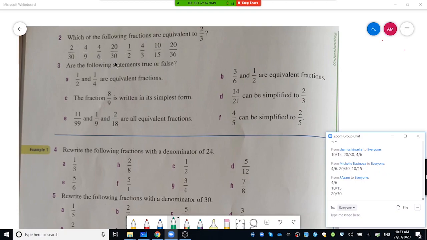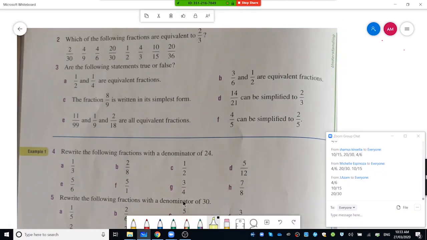Then 20/30, if you divide by 10, it becomes 2/3. And then we see 10/15. So let me highlight these. No, it does not work, sorry. So 10 over 15. So these all are equivalent to 2 over 3.